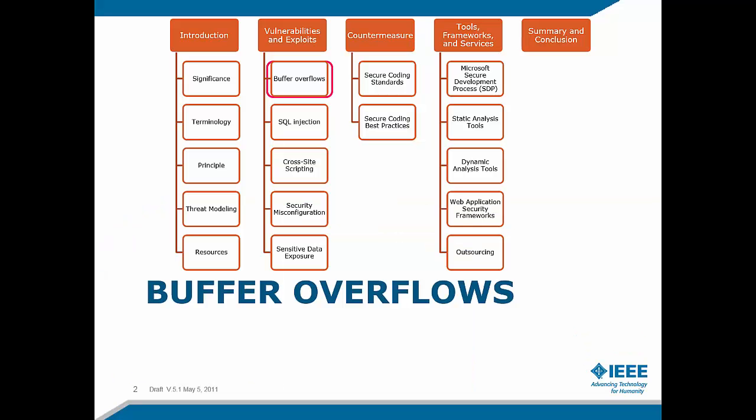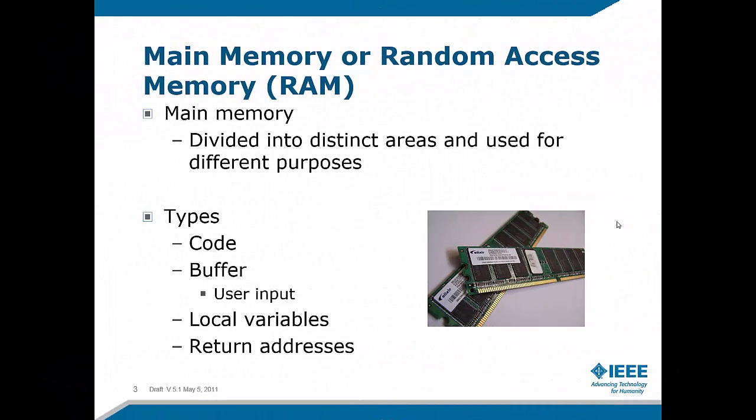In this lesson, we'll be talking about buffer overflows. The main memory, or random access memory (RAM), of your computer stores data and lines of code to be executed on a CPU. The main memory is divided into distinct areas dedicated to storing things such as code, user input, local variables, and return addresses.